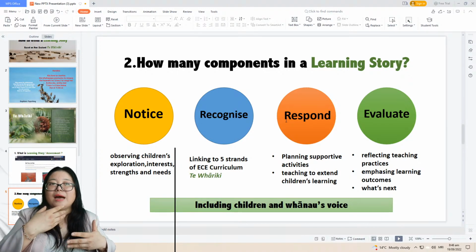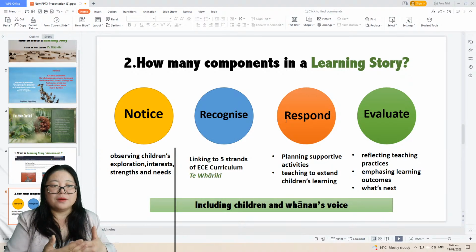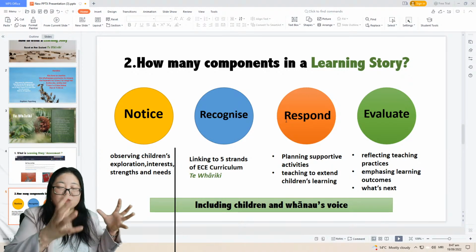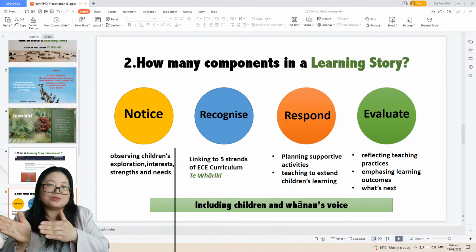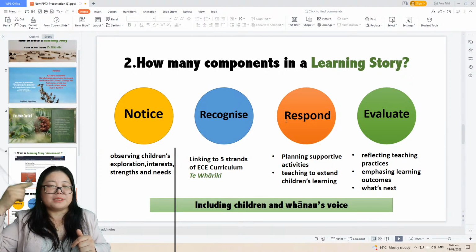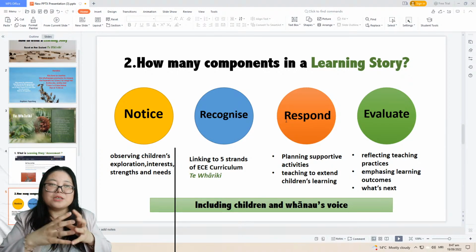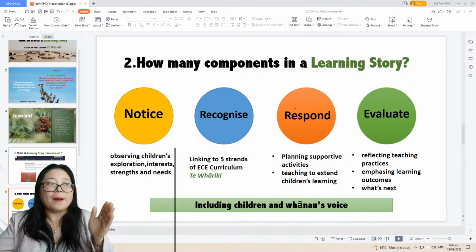All these adjectives or nouns describe their learning outcomes. But what's the learning happening here, and how do you link it to this learning outcome? That actually needs you to gather information and process it. And these 4 parts give you the way of how to do it one by one.